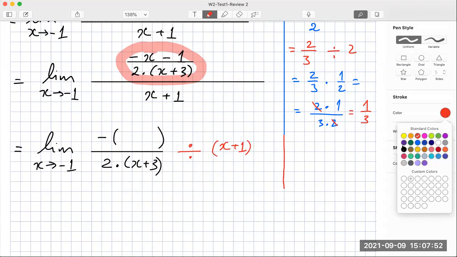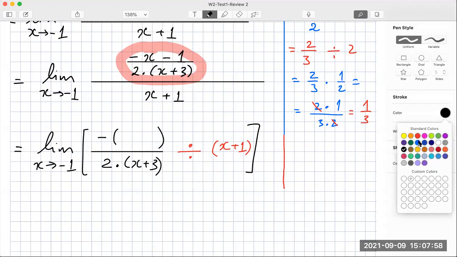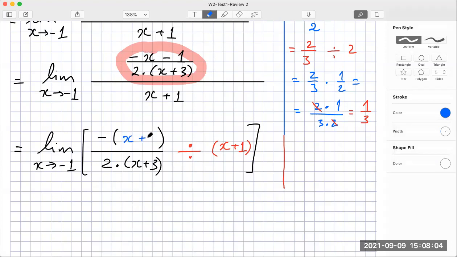I just write it in a different way. It would be x plus 1 inside of the parentheses. Yes. Thank you. Very good. This is another way to write these guys, right?